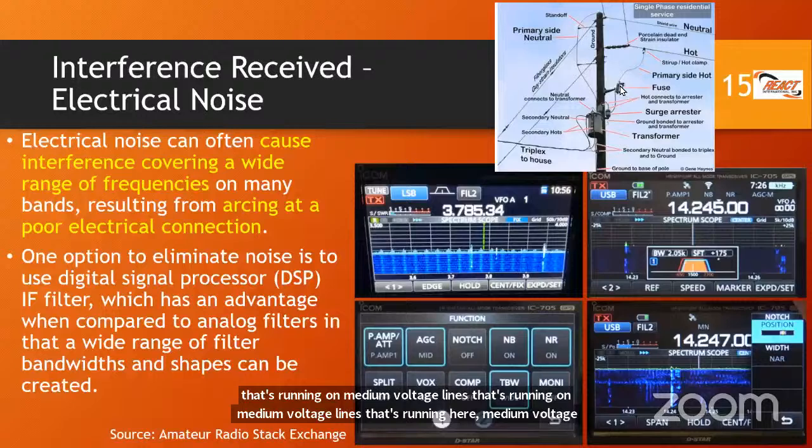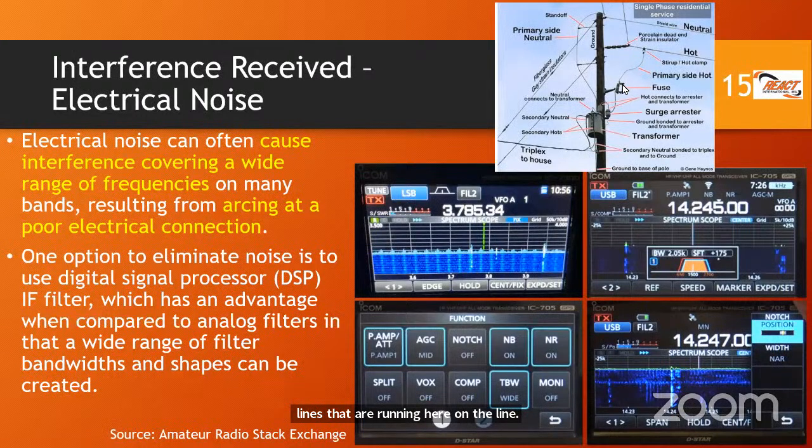If the connection is not properly made, you can have arcing, and arcing sounds like a buzzing sound, you know, bzz, bzz, bzz. You may have encountered it before. You're passing an electrical pole and there may be a transformer and you're hearing that arcing that's going on at the point of connection.